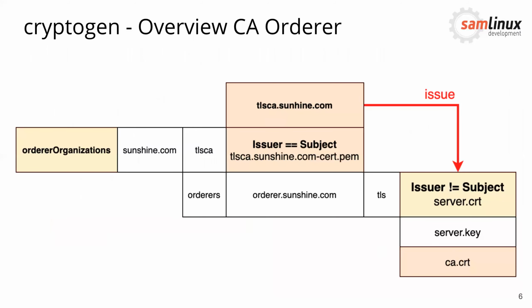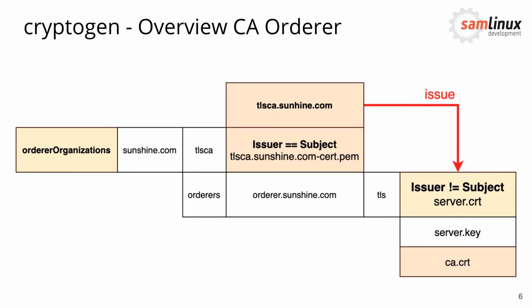And when it comes to the cryptogen tool, that's interesting to see. Cryptogen creates all the crypto material and creates a lot of certificates in a specific structure. In this folder tree, we have two sections. One is the orderer organization and one is the peer organization.